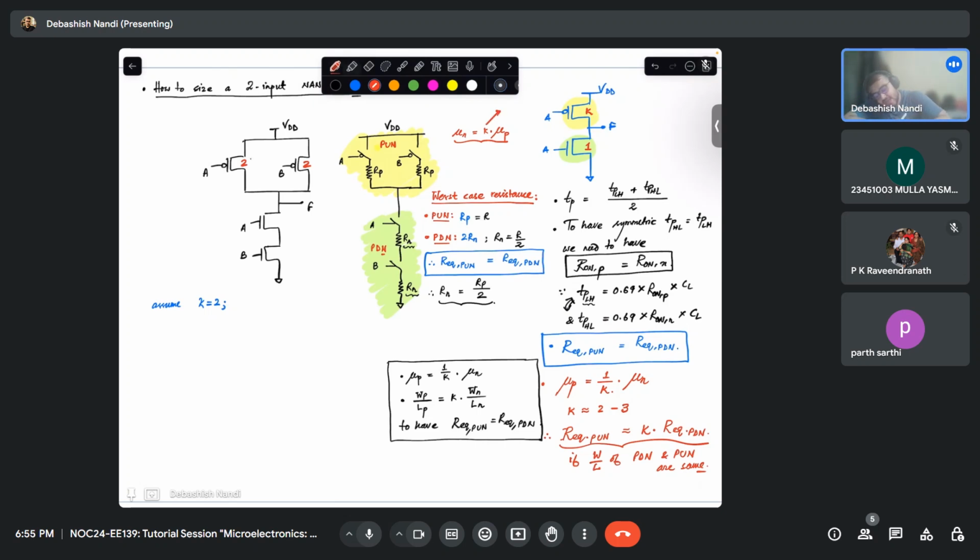And now my entire pull down network should have a resistance of R by 2, a size of 1, right? Yes, sir. So if I make these two transistors double sized, then my resistance will get halved, and the series combination will give me a size of something like 1. Do you get this point, or should I explain in detail?